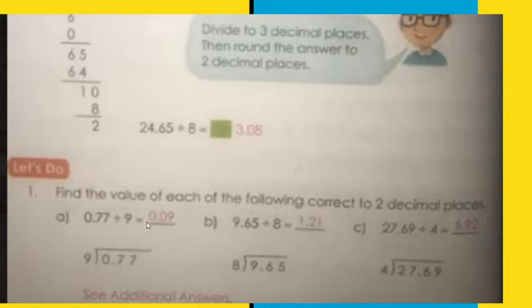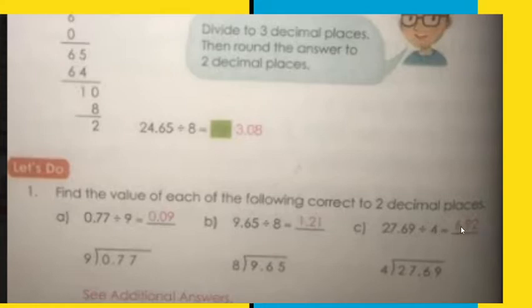You'll notice that our answer is much smaller than this divisor right here. 9 and 65 hundredths divided by 8 is going to equal 1 and 21 hundredths. And 27 and 69 hundredths divided by 4 is equal to 6 and 92 hundredths. You'll notice, boys and girls, if we estimate these, for example this last problem, 6 and 92 hundredths is approximately 7.